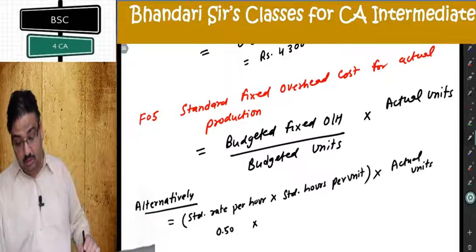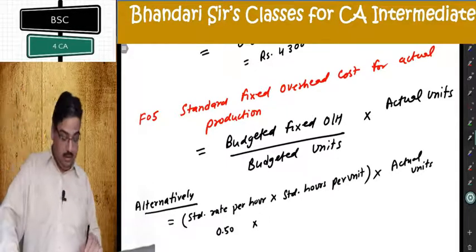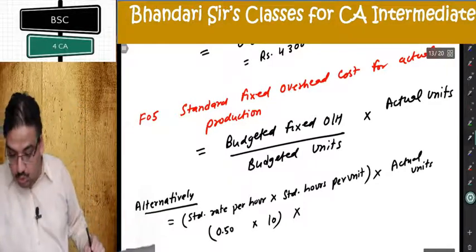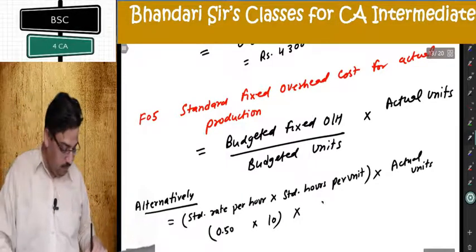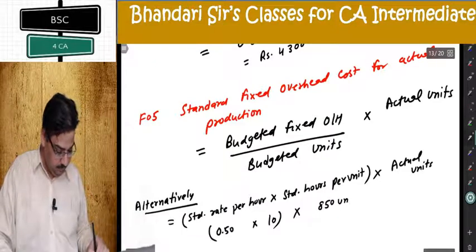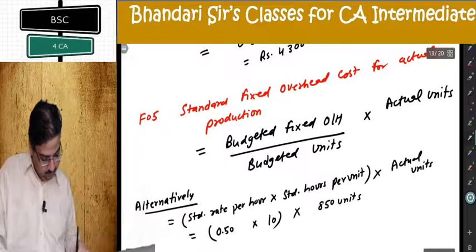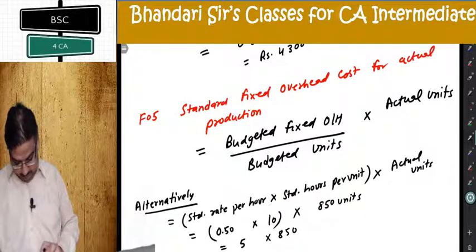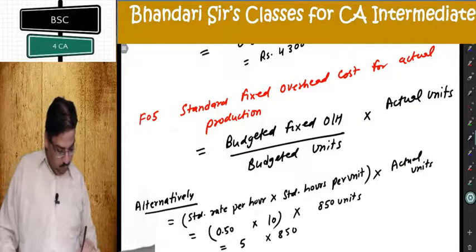Second last item in the question, standard man hours per unit 10 multiplied by actual output in units 850 units. Five into 850. 4250.